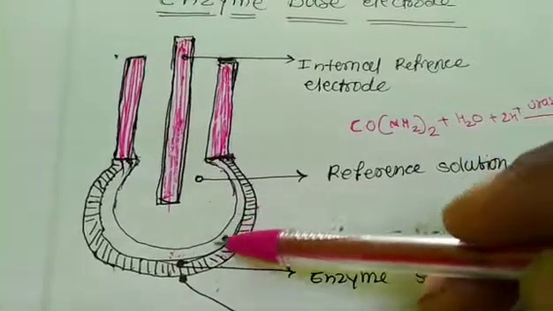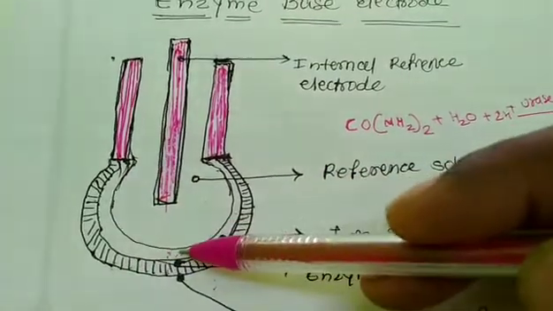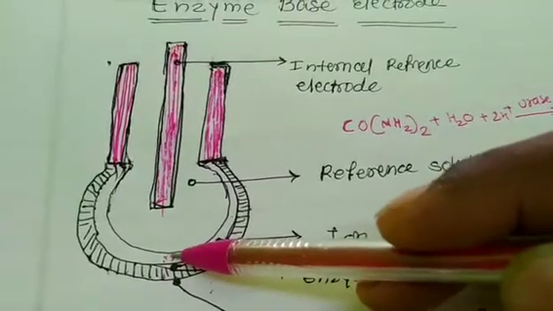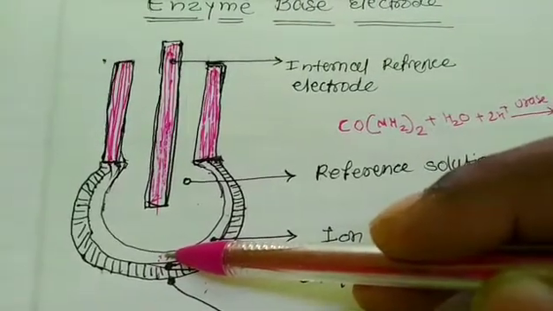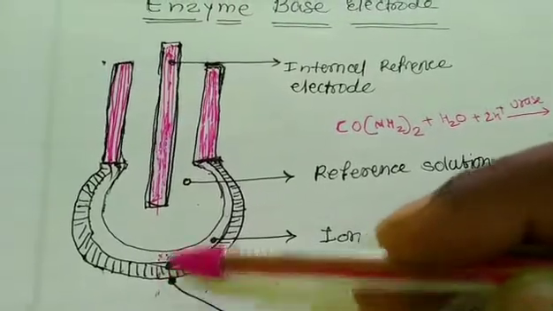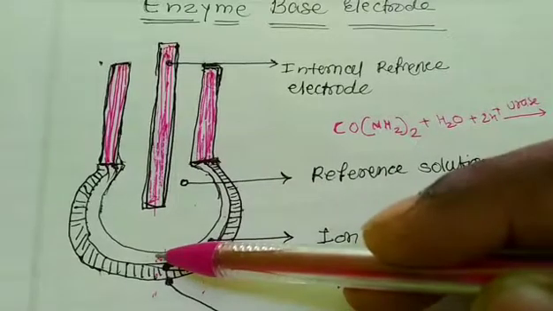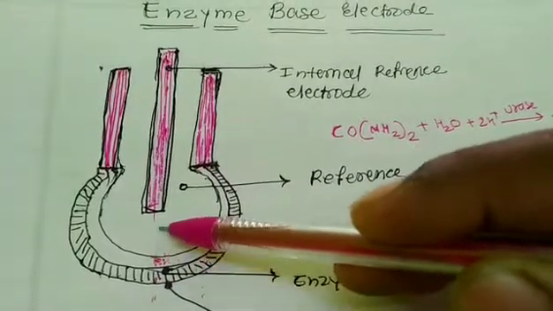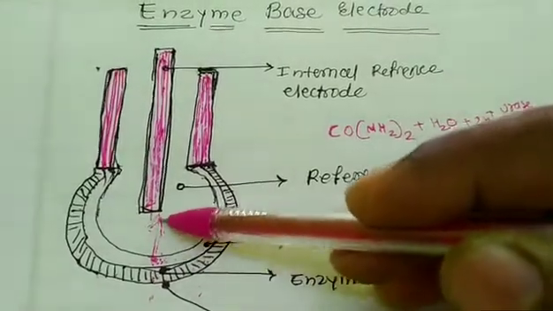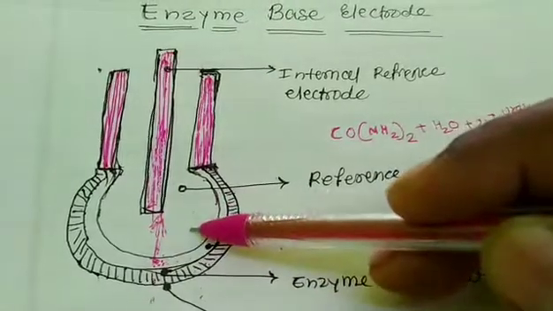So when we determine penicillin, we use the pH electrode for determination of hydronium ions. When the penicillinase enzyme decomposes penicillin into hydronium ions, and when we put the pH electrode here, the concentration of hydronium ions is directly proportional to the concentration of penicillin present in the solution.